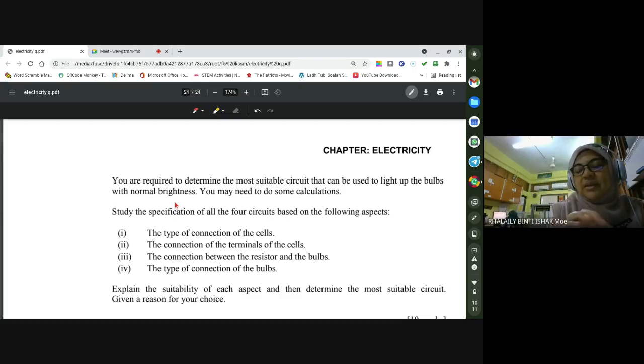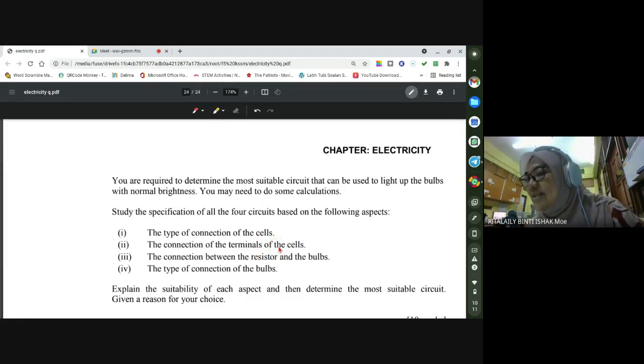So positive terminal connected to negative terminal of a cell, the reason is to complete the circuit or to allow current to flow. Okay, so for this one, connection of terminals of the cell, "opposite charge will attract" is not suitable for the answer.